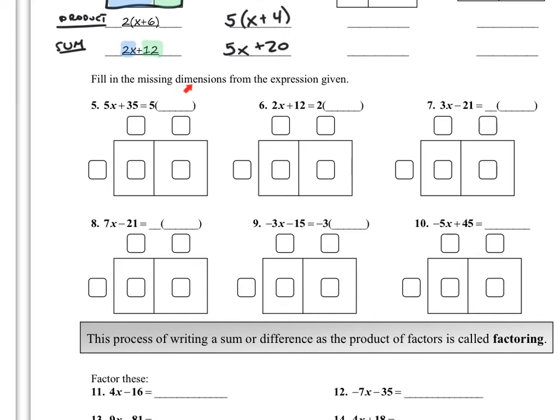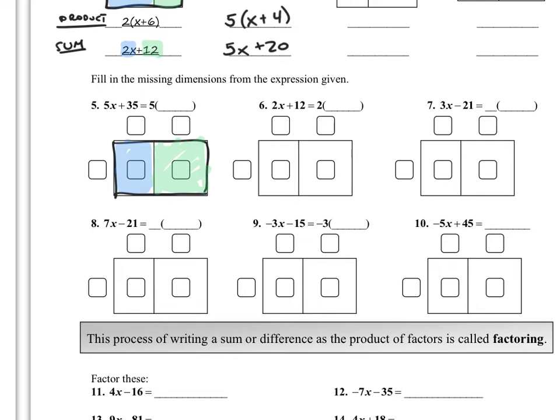It says fill in the missing dimensions from the expression given. So we've got these random looking shapes, but we know what it is. It's a larger compound rectangle. It's got two little rectangles inside of it, a left rectangle and a right rectangle that I'll cover with blue and green highlight.